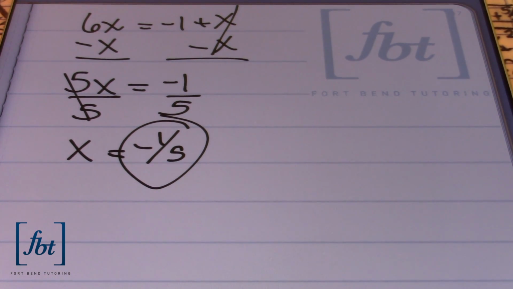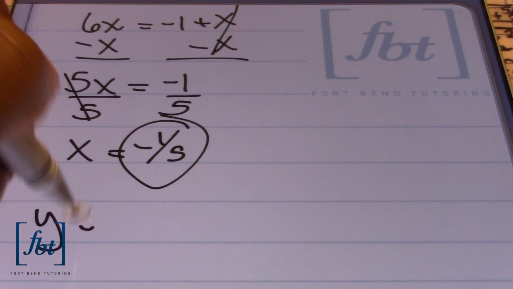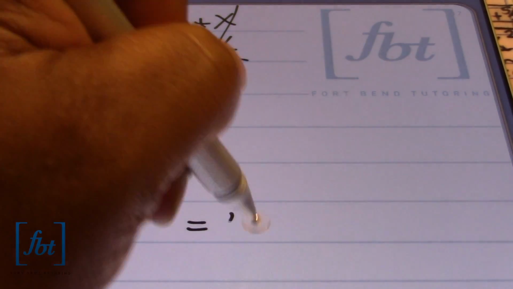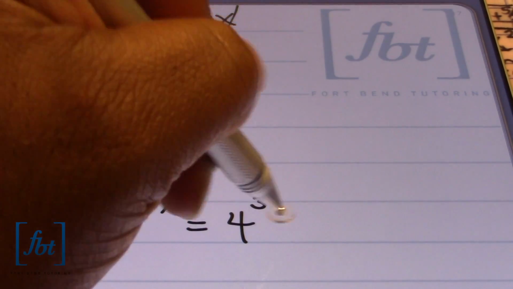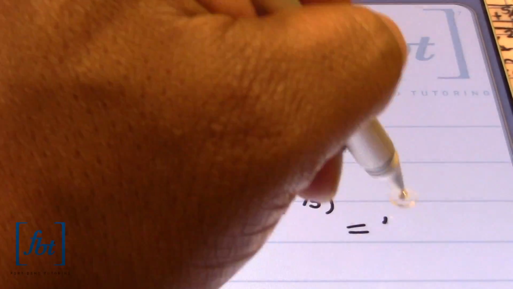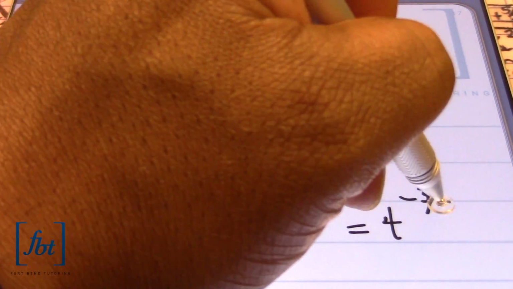Now, in order to solve for y, we can plug this into one of our original equations. So I'll be choosing the first one because it looks easier. Knowing that y equals 4 to the 3x, we'll have 4 raised to the 3 times -1/5, which yields 4 to the -3/5.